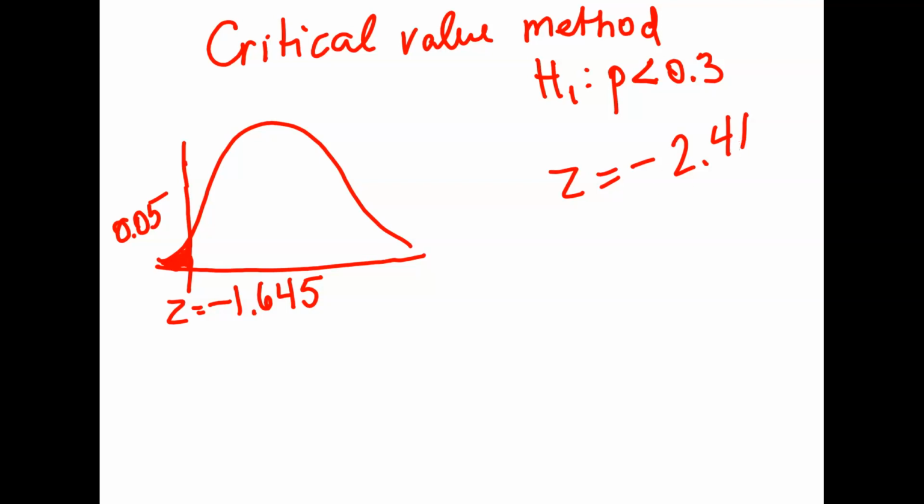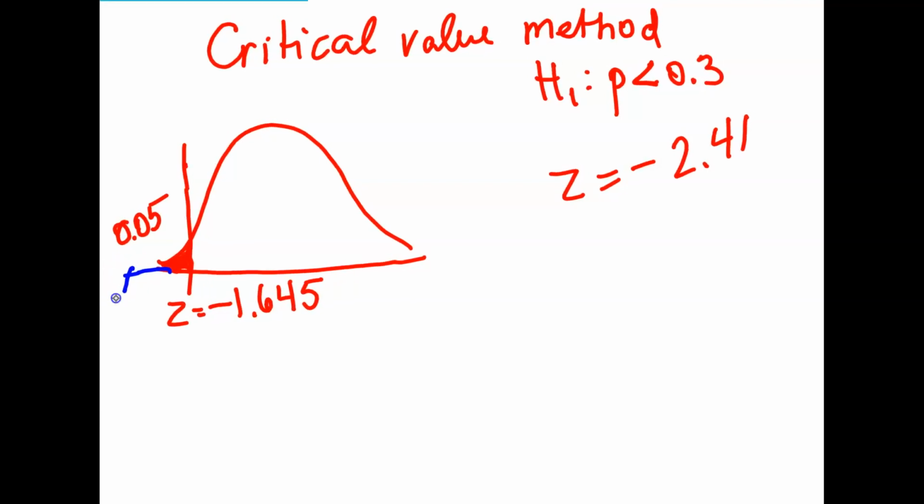Where is negative 2.41 located? Well, that would be smaller than negative 1.645 because we're talking about negative numbers. And our z statistic would be right here, negative 2.41.